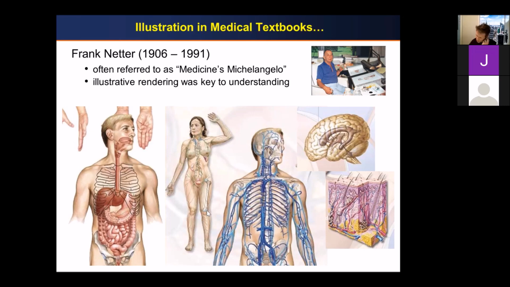But this was really the first attempt to make things more visible to observers without having to cut someone open and look, which you could never really do like this. So this was illustrative rendering.